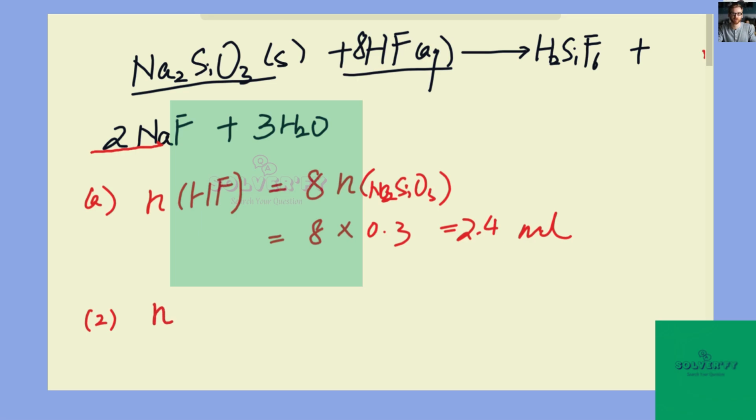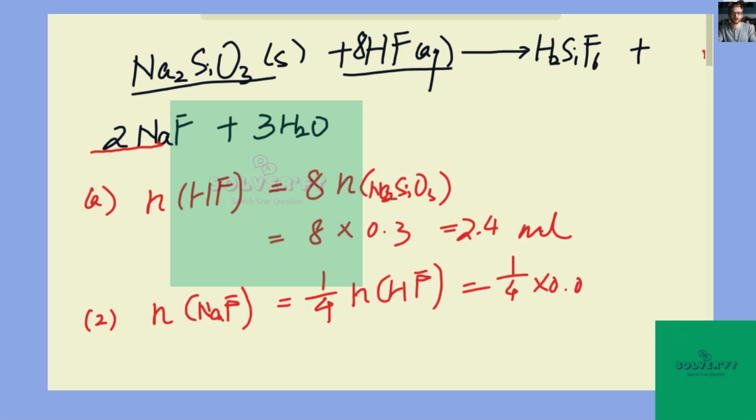So the moles of sodium fluoride will equal 1/4 of the moles of HF. We can plug in the number, which is 0.5, so this is 0.125 moles.